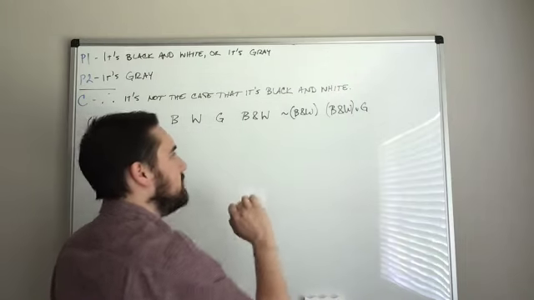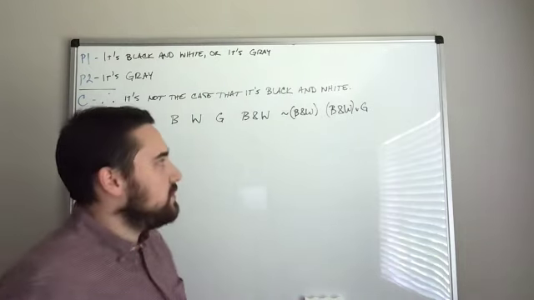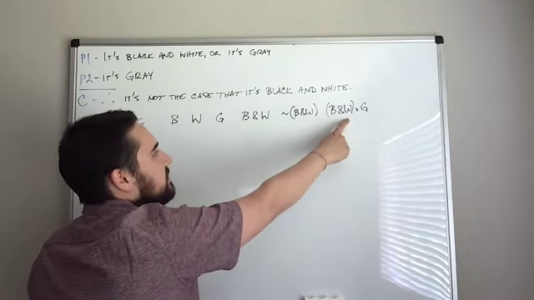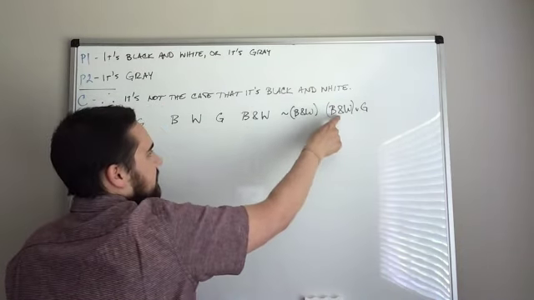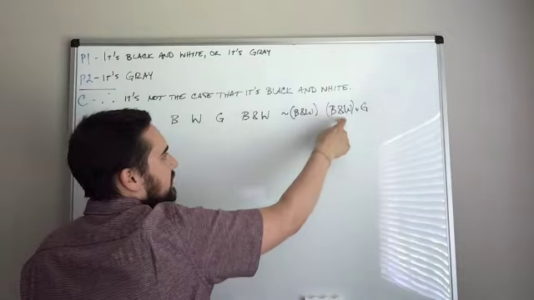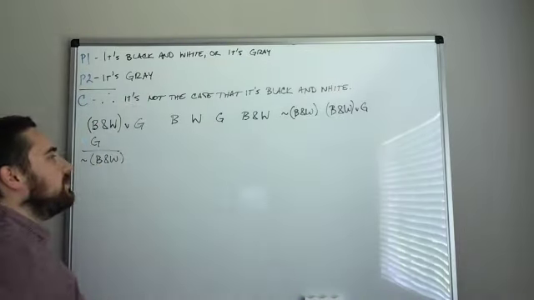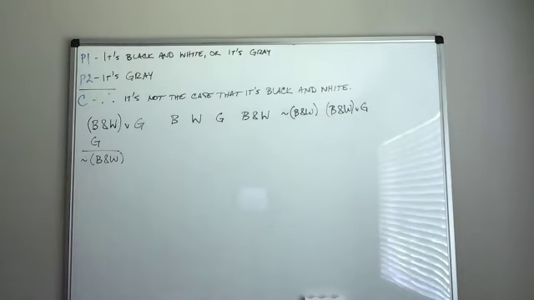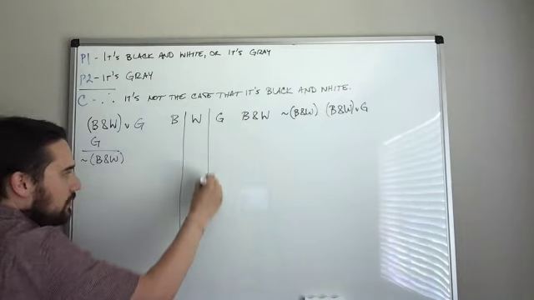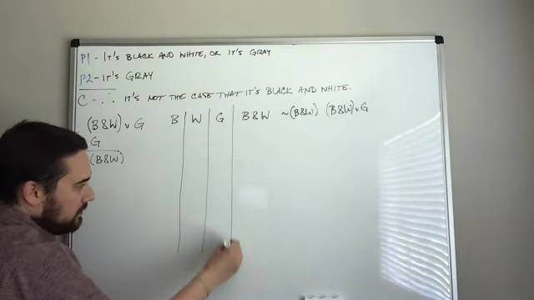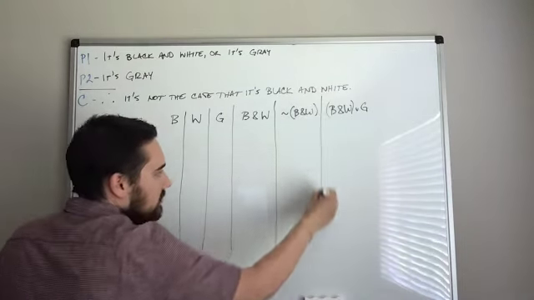In a sense, you have to do it this way, because in order to determine the value of this sentence, you need both of these component parts, and if you don't have B and W before B and W or G, you're not going to know how to determine those values. So that's the strategy, that's the order. All right, now we just have to make our table, and then we will get to work.